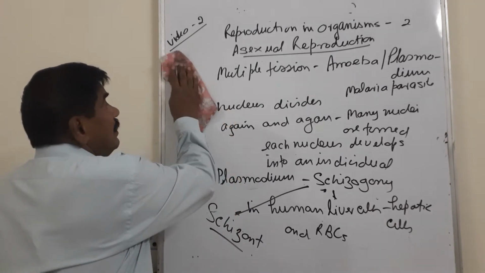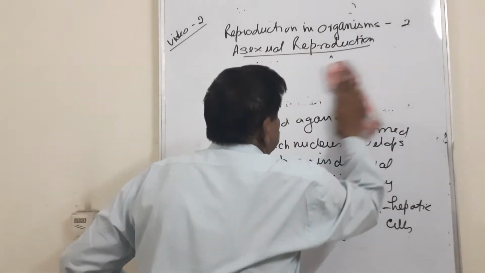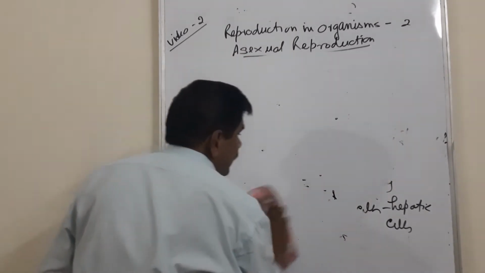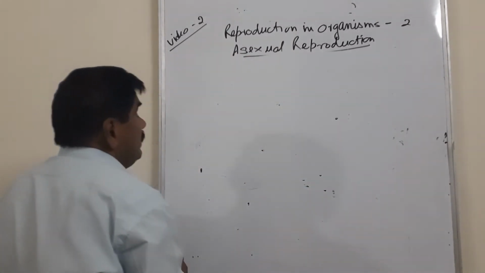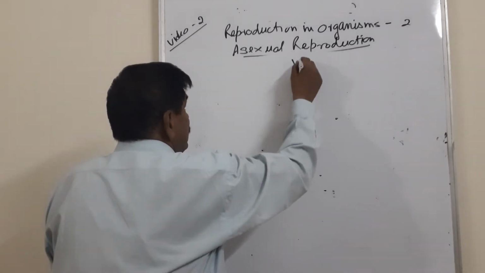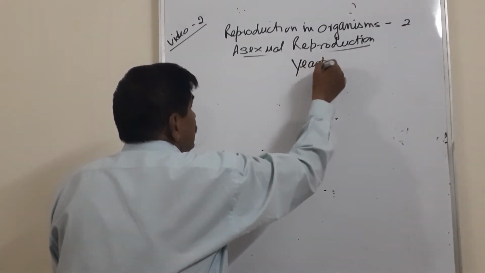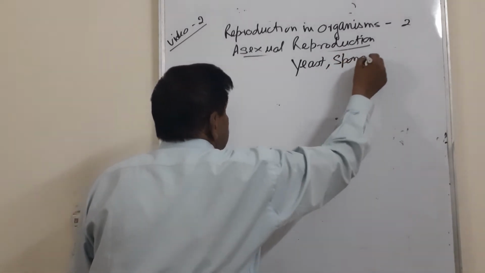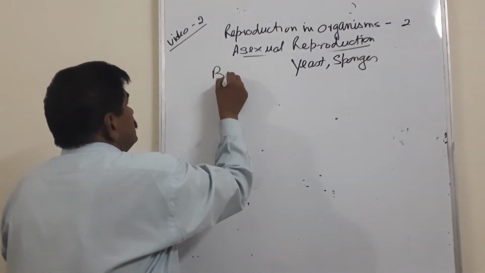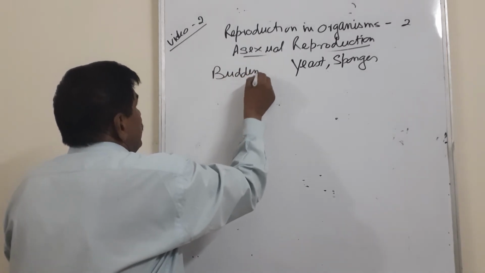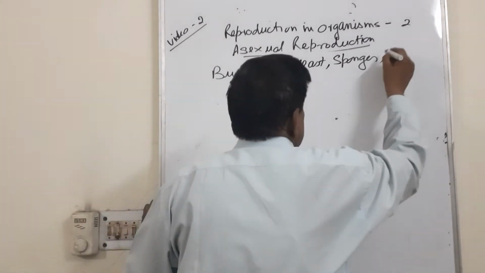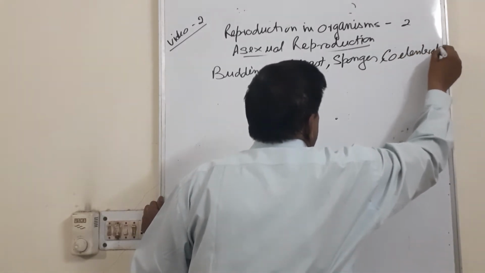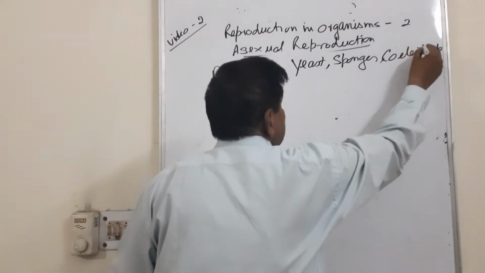Then come to budding. Budding is common in yeast, sponges, and coelenterates like hydra.